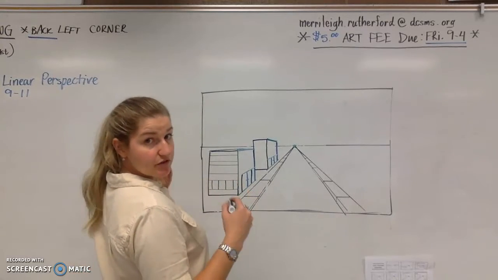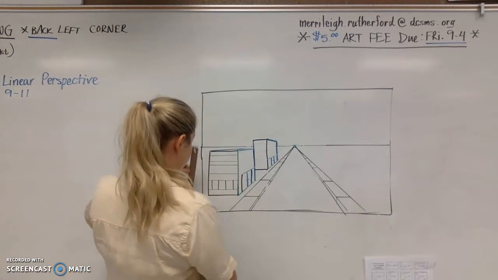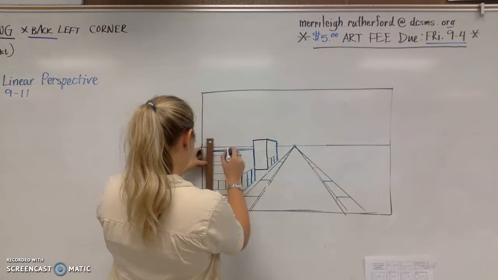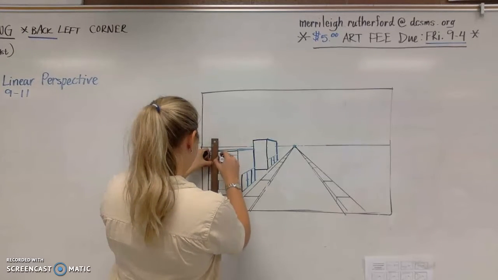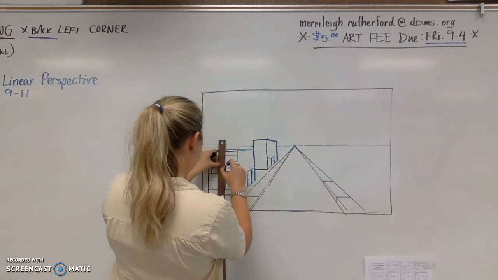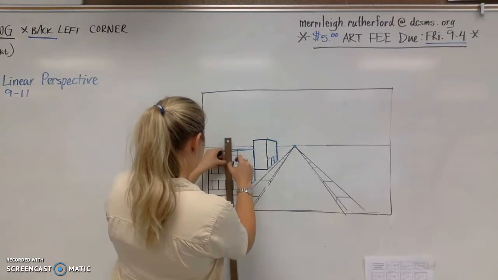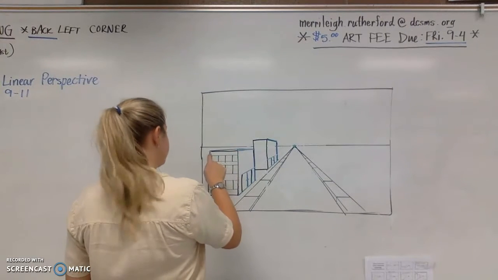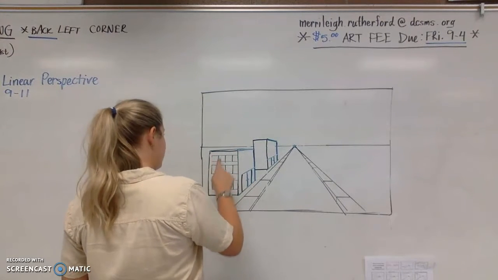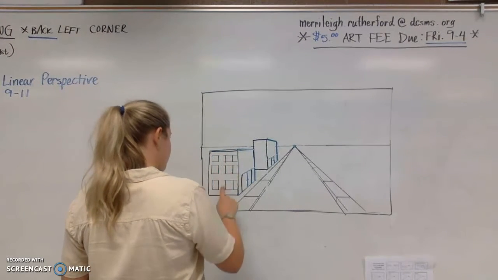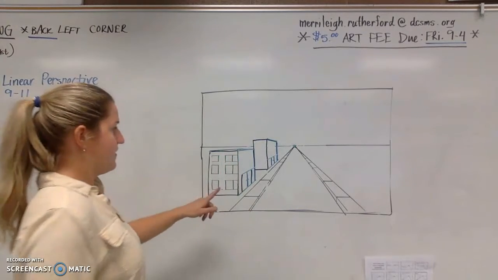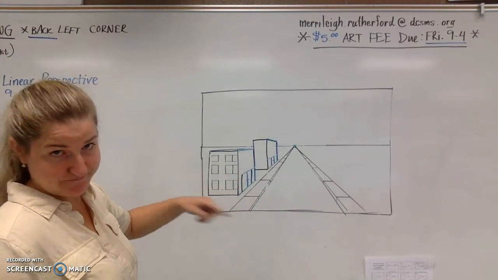I'm doing this for this reason. And I recommend using a ruler so you can actually line them all up at the same time. Boom. Erase my unnecessary lines. I'm leaving these for a reason.